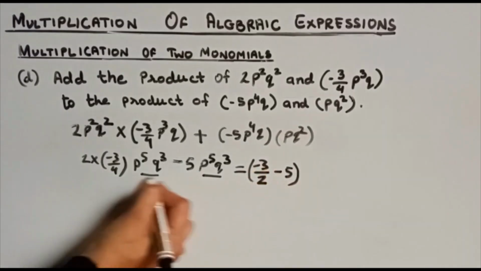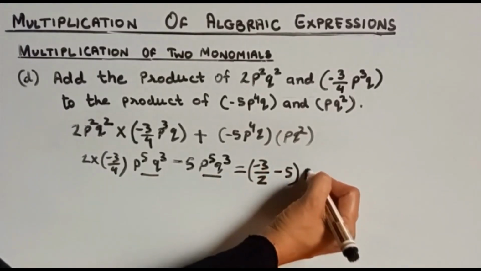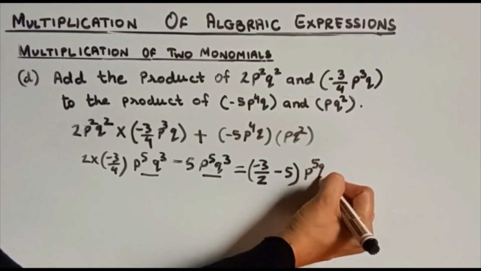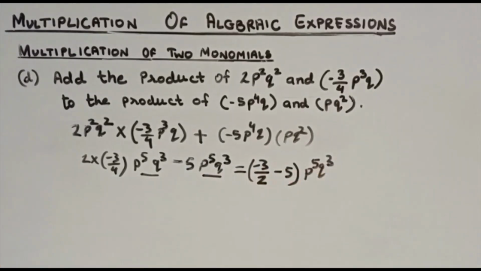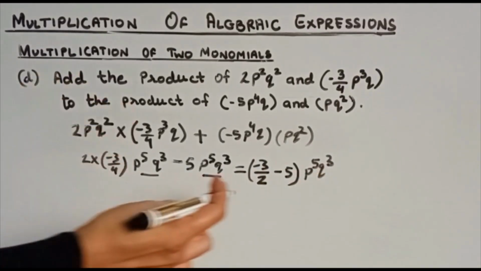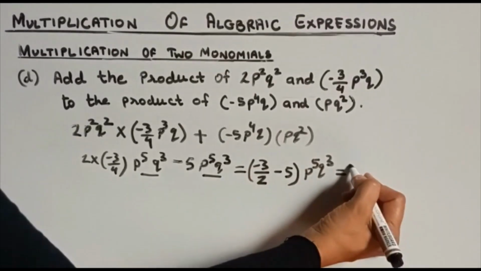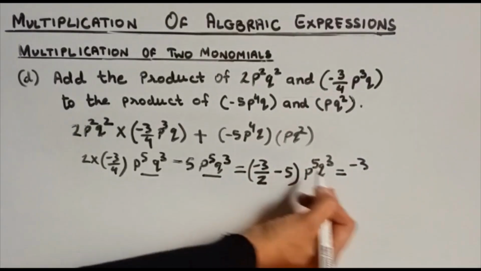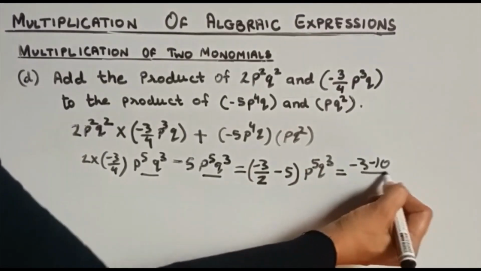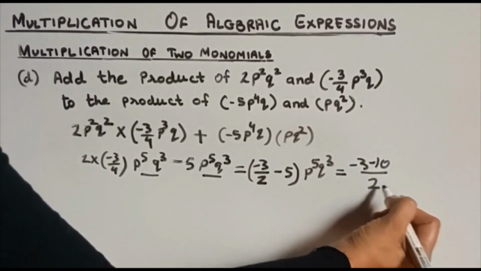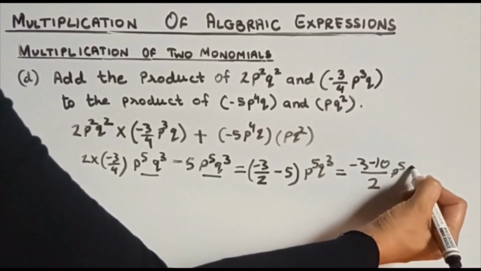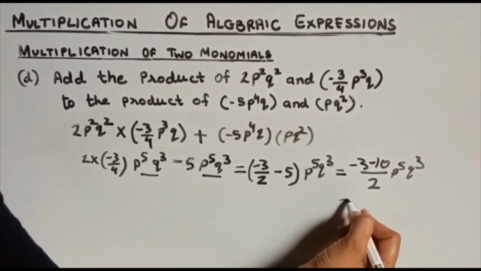And I am taking these terms common, so I will write this as p raised to 5, q raised to 3. Now taking the LCM of these two, 3 ones are 3, so minus 3, 5 twos are 10, minus 10 upon 2 ones are 2, p raised to 5, q raised to 3.